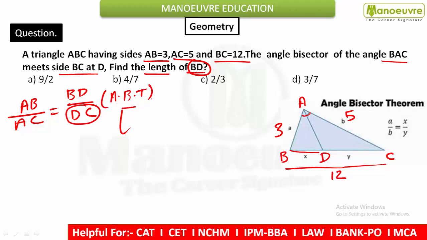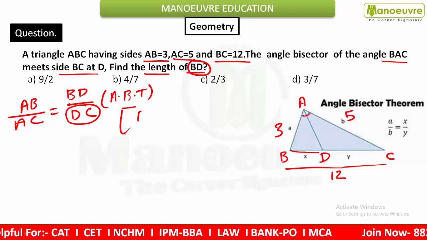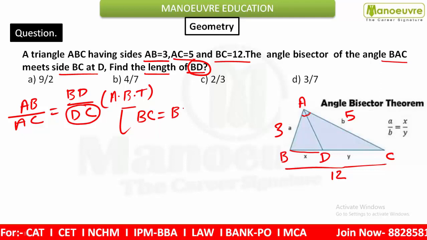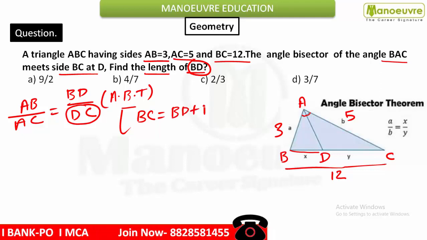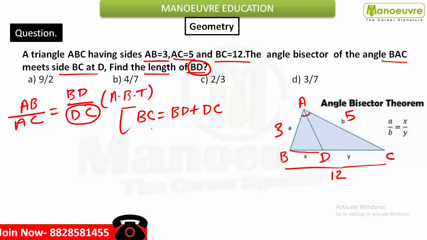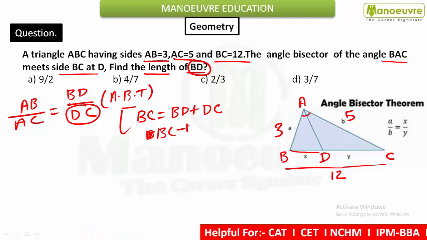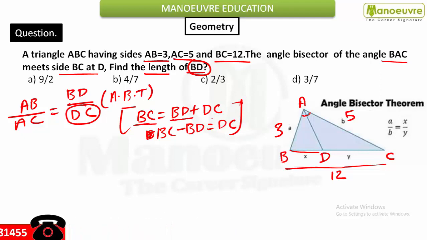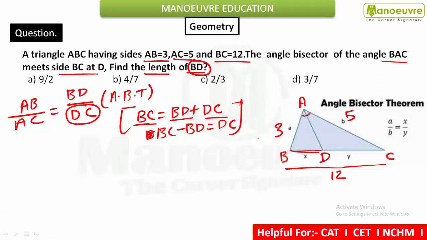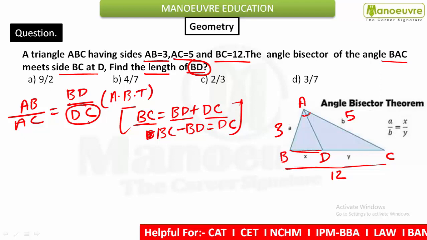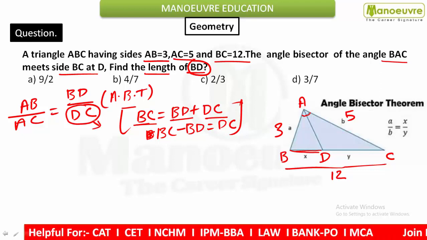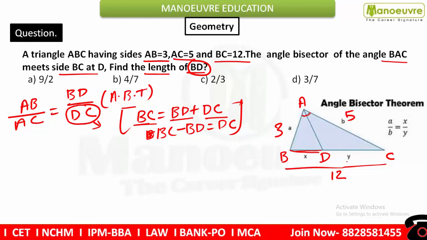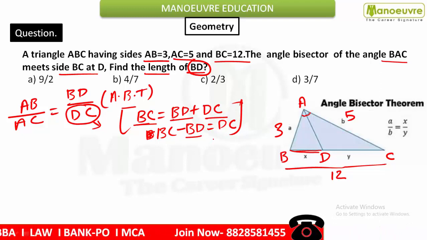So how can you convert it? I can write BC is equal to BD plus DC, so I can write BC minus BD is equal to DC. Look, this whole BC is BD plus DC, that is X plus Y. So I can write this whole term as this. And here I have to change DC in terms of BD, so I represented it as BC minus BD.